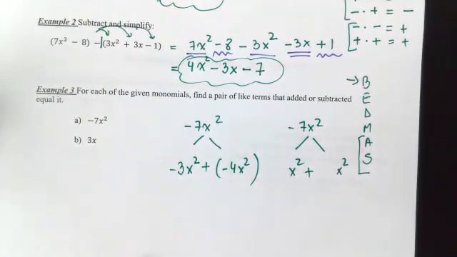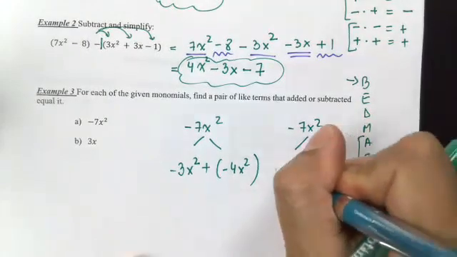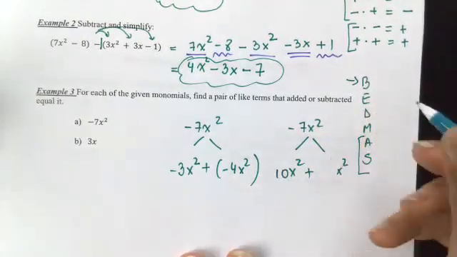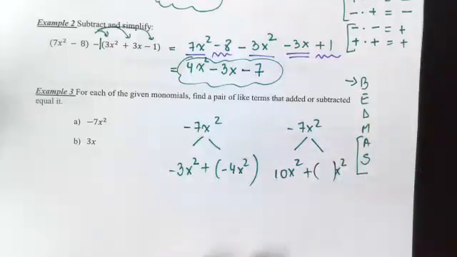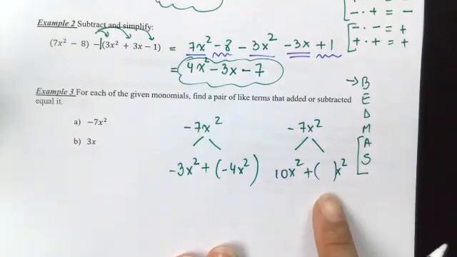Anyone? Plus negative 3x squared. If you do that, that's going to give you positive 7x squared.